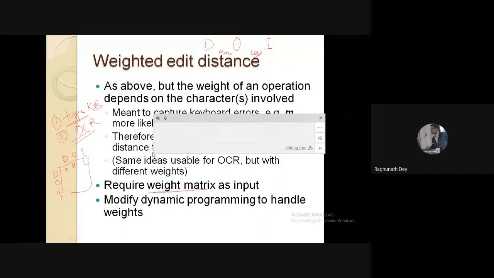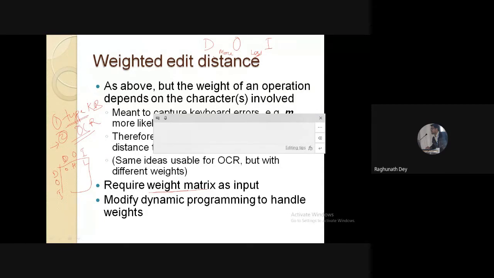Now come to the second case, when you are retrieving through the OCR engine. Again you have to maintain a weight matrix depending on the similarity existing between two different characters. We find that D and O are very similar.